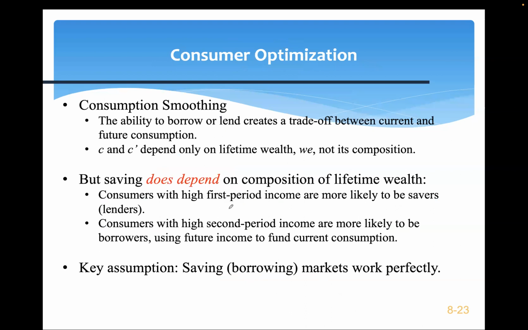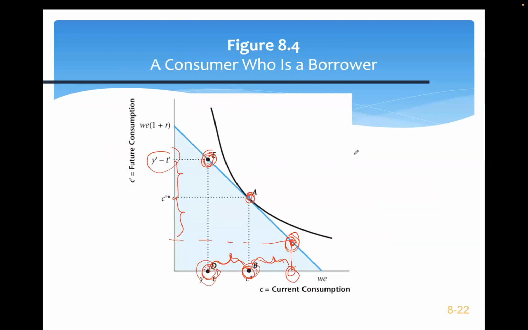So first, we have consumption smoothing. The household's ability to borrow or lend creates a trade-off between current and future consumption. Now, your current and future consumption will only depend on your lifetime wealth, but not its composition. Composition means your position. Let's go back here. Composition means where you are, either here or here.